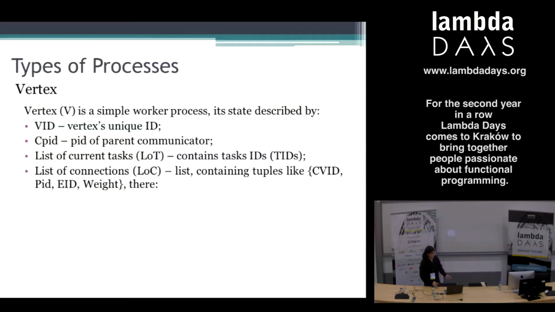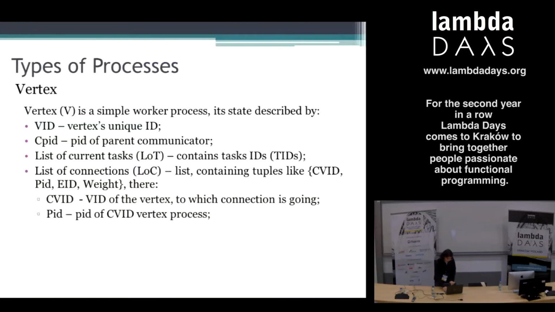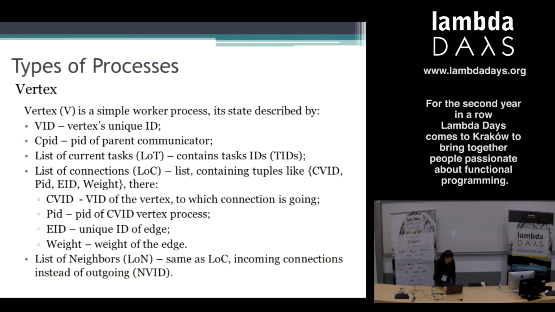So if you probably don't have a directed graph, never mind about it, it's okay. And I have described it. List of neighbors is the same but for incoming connections, and it's empty for all types of graphs except directed graph.